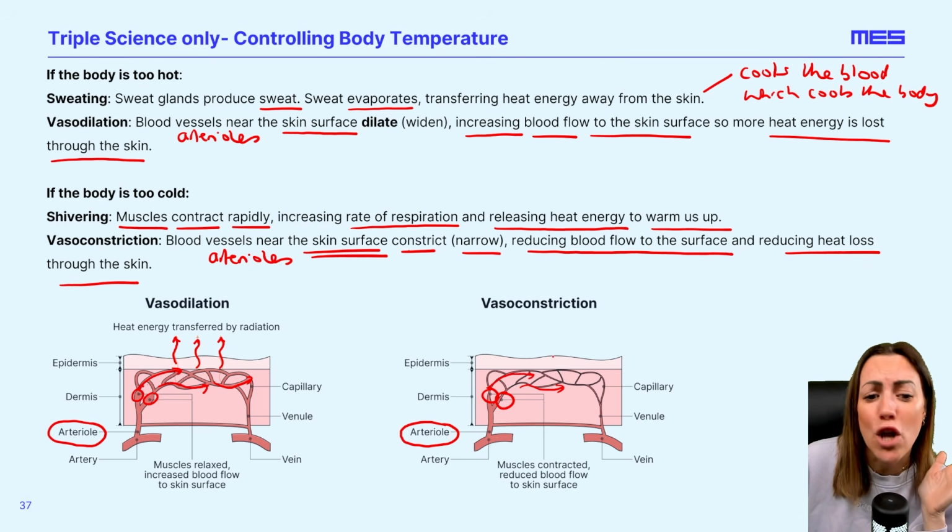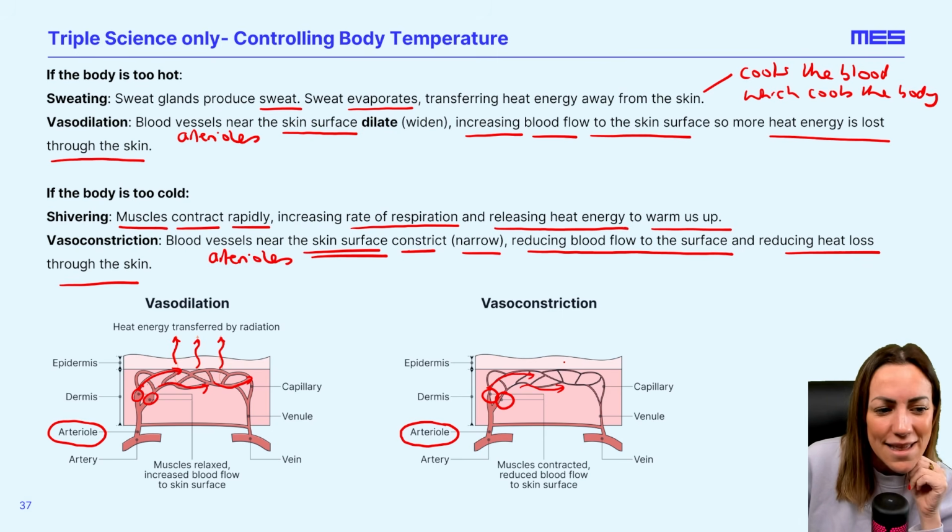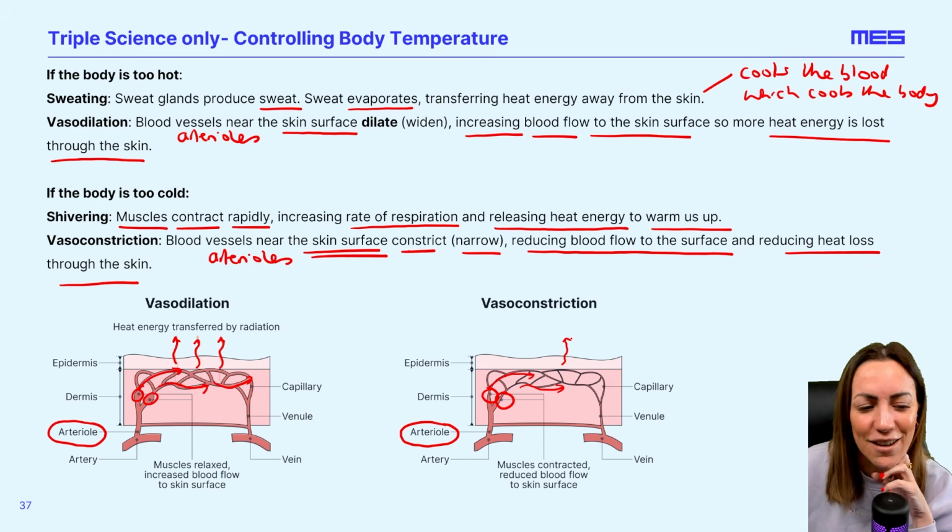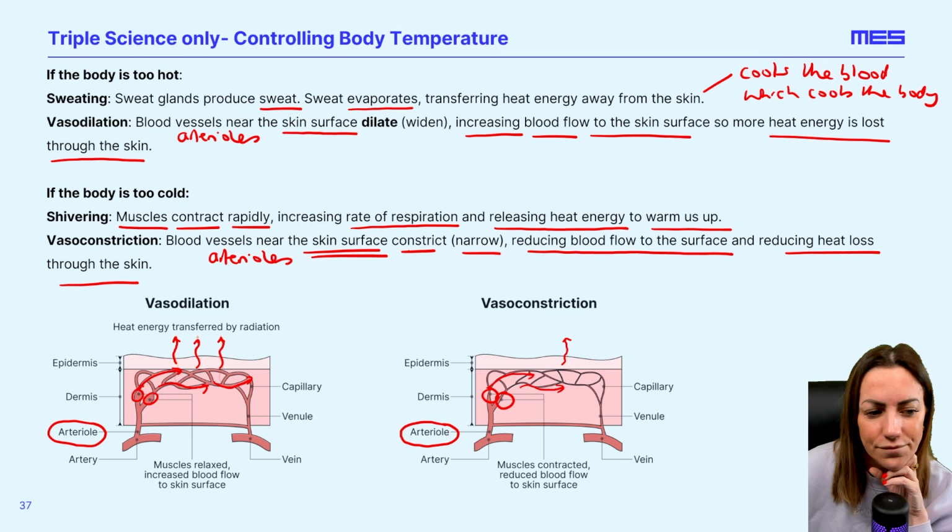In fact, it looks like there's no heat energy being lost here. There might still be some heat energy lost, but there'll be less heat energy lost through the skin surface. Okay, but again, make sure you're clear. It's the blood vessels near to the skin surface that constrict or narrow, which reduces blood flow to the skin surface, so less heat is lost through the skin.